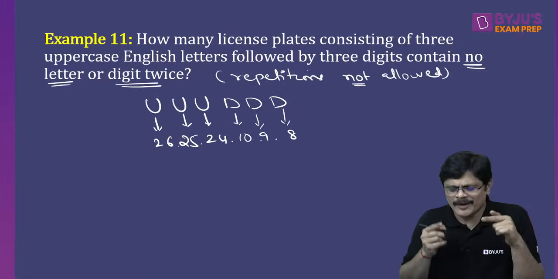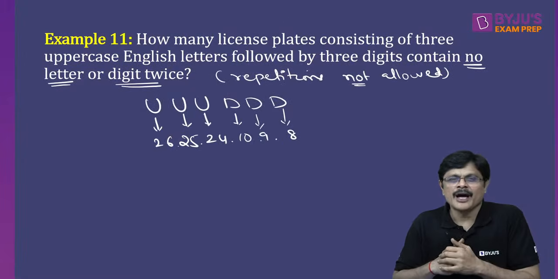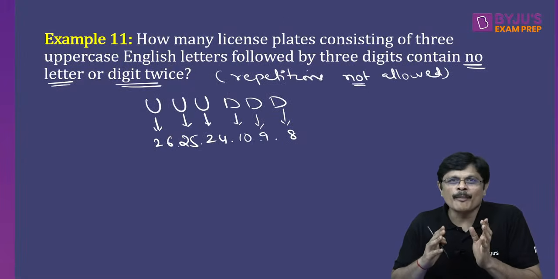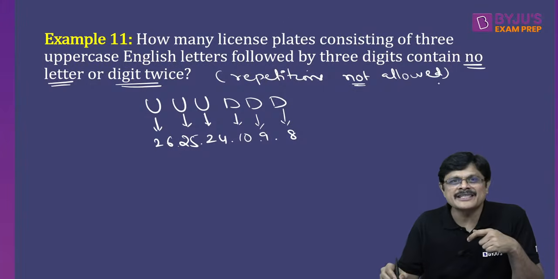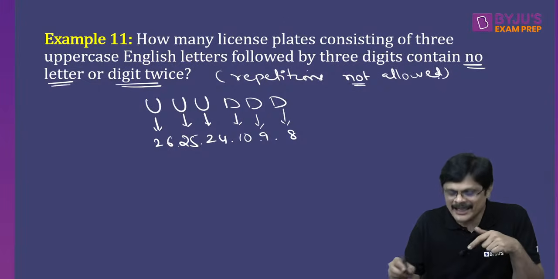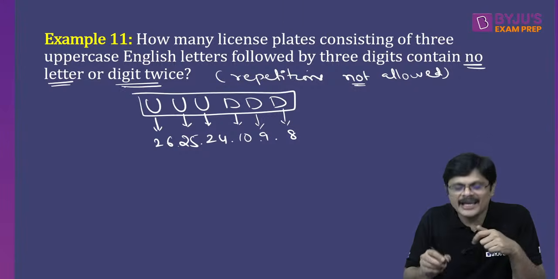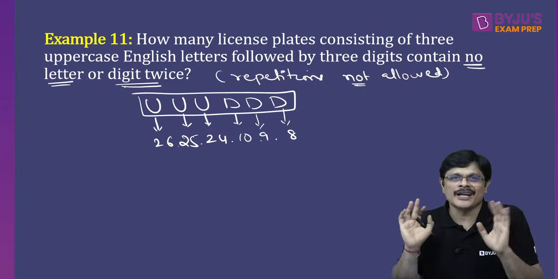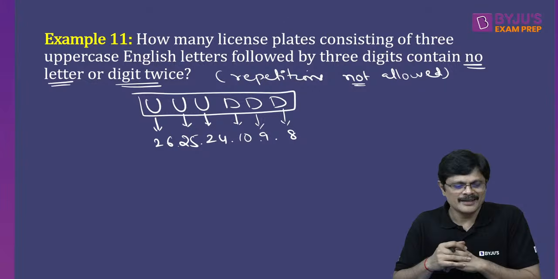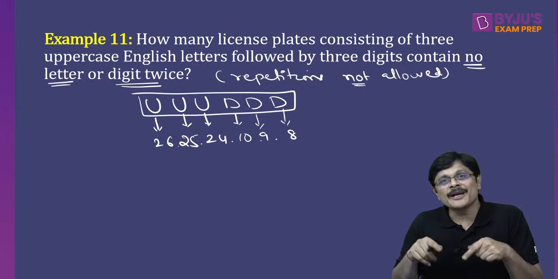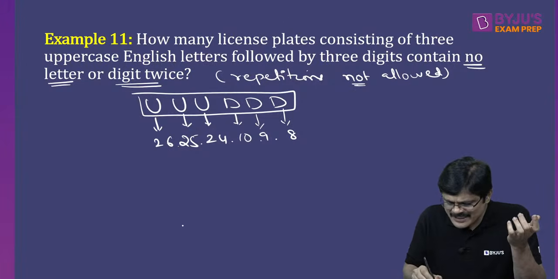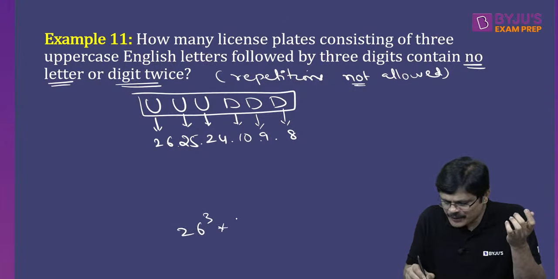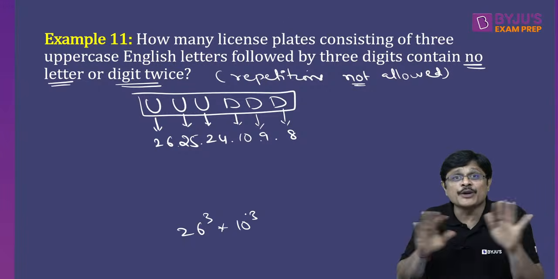The same problem can be asked in probability. What is the probability of selecting a license plate of this type in which repetitions are not allowed? Good. So the same problem can be asked as a probability problem. Normally how many license plates are possible? 26 cube into 10 cube. That is the total possibility, no condition.